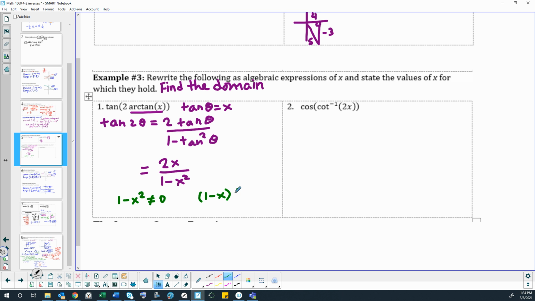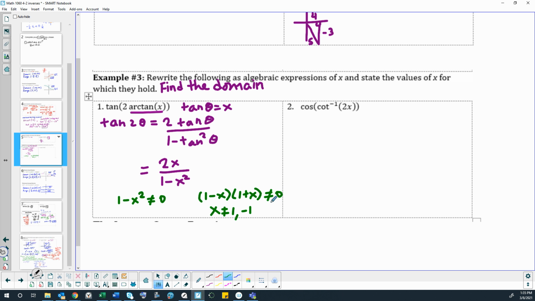1 minus x, 1 plus x, can't equal 0. So for that to happen, that means 1 would not work because that would make this 0 times 2. 0 times 2 is 0. We don't want it to be 0. And it also can't be negative 1 because 1 minus 1 would be 0, and 0 times negative 2 would be 0, right?